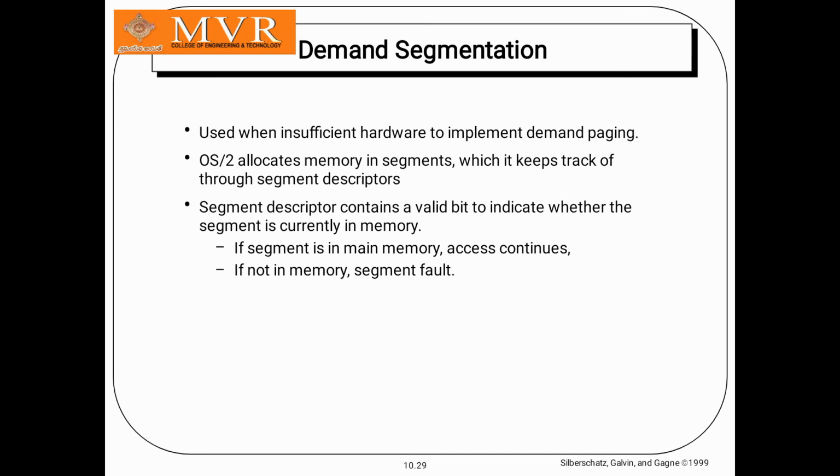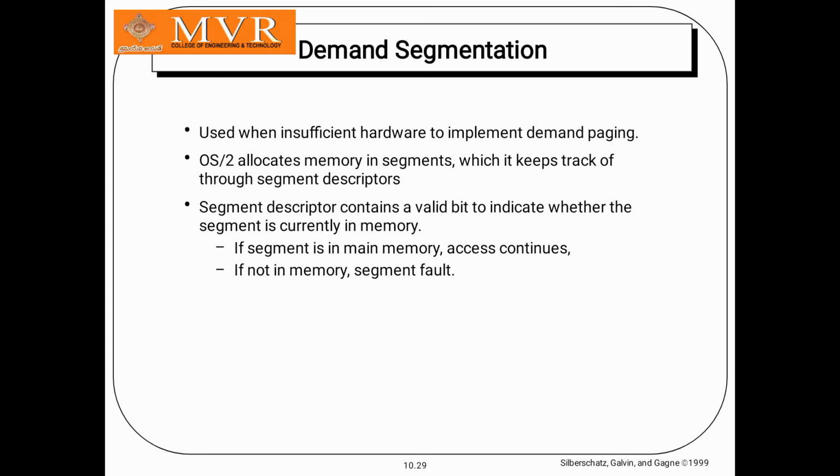And demand segmentation. Segmentation is used when there is insufficient hardware to implement demand paging, so for that purpose we use demand segmentation. The operating system allocates memory in segments, which it keeps track of through segment descriptors.